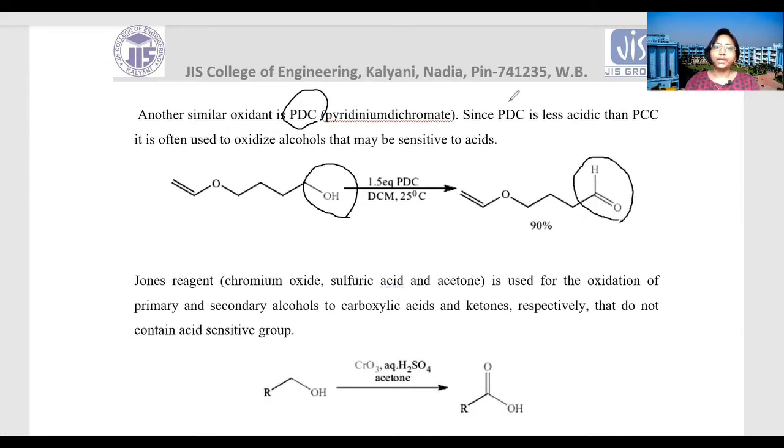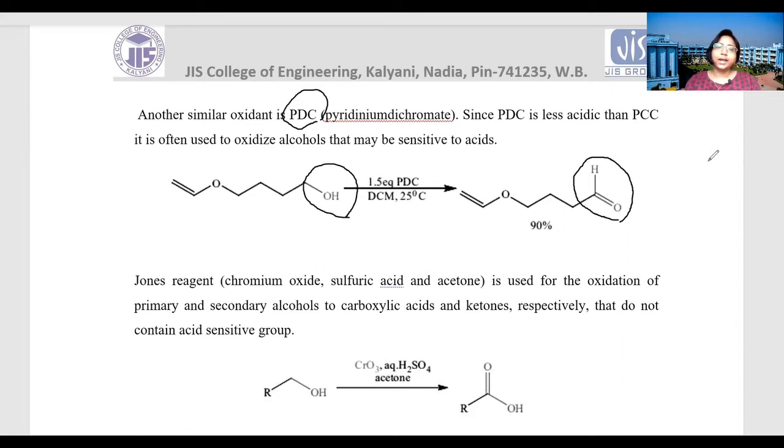PDC is less acidic than PCC, so it is often used to oxidize alcohols that may be sensitive to acids.